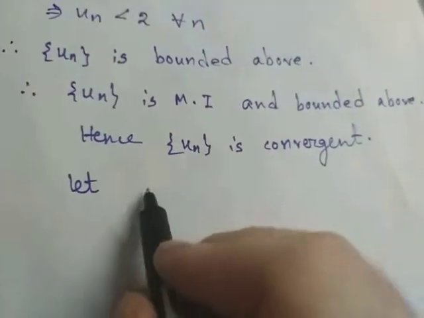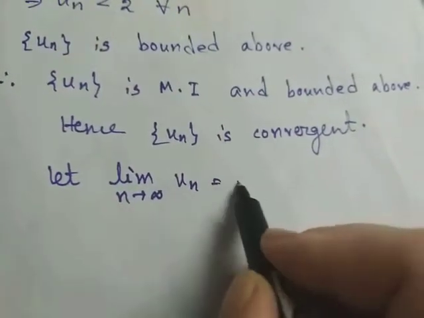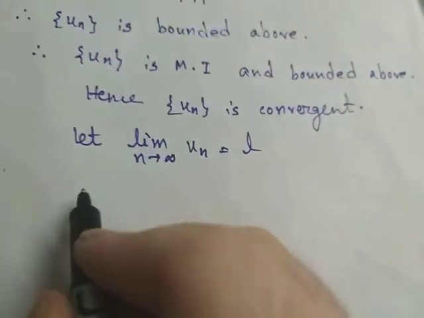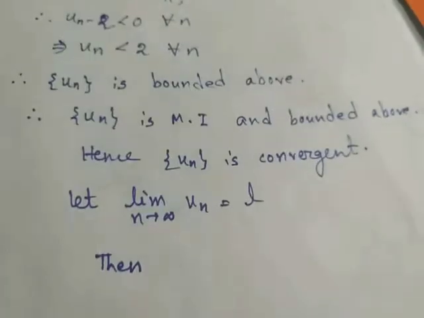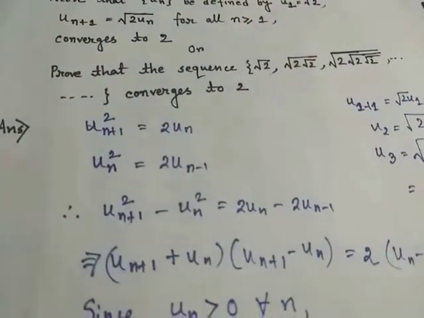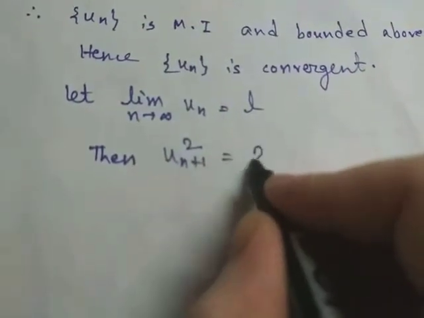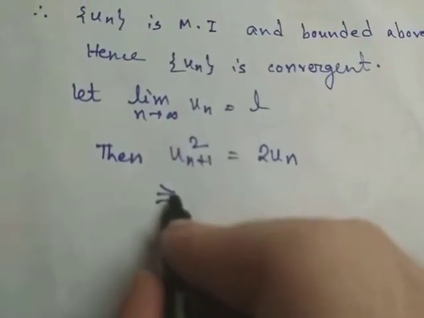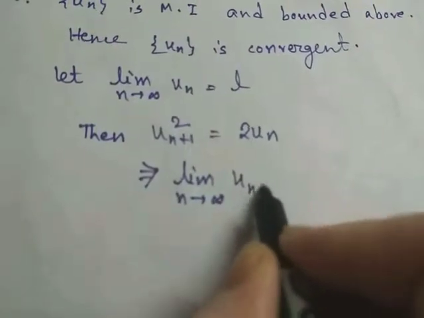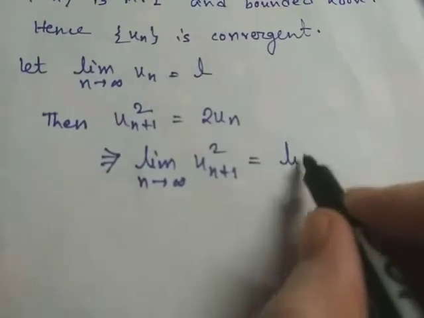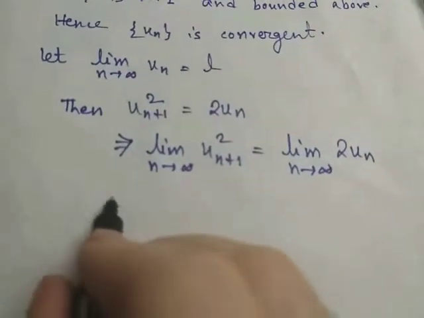Let the limit as n tends to infinity of un equal L. Then un+1 square equals 2un. This implies the limit as n tends to infinity of un+1 square equals the limit as n tends to infinity of 2un.